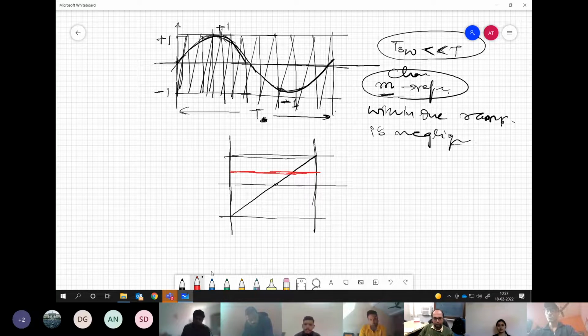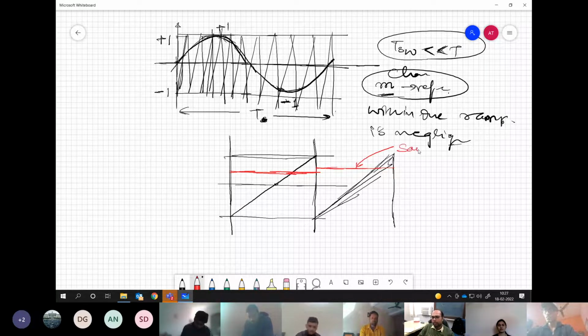Then in the next cycle, it may slightly change. So it may slightly go up. Understanding my point?